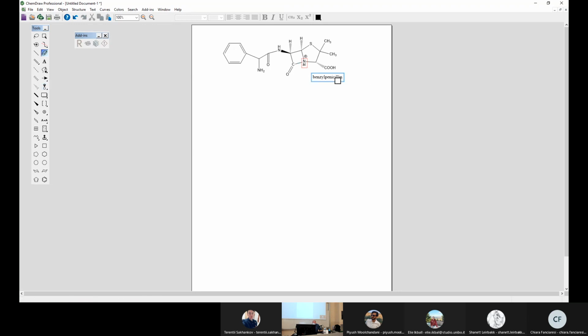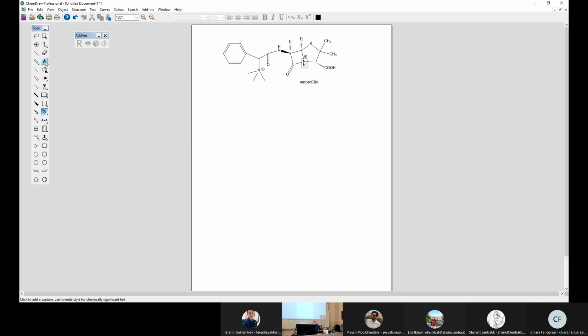This means that this aminopenicillin, ampicillin, is ionized at every pH unit. Because if we are in acidic condition, you have the protonation of the basic nitrogen atom, so you have a positive charge here.